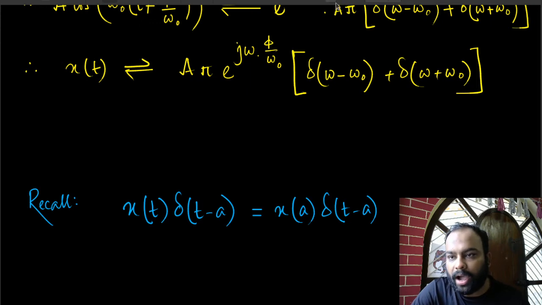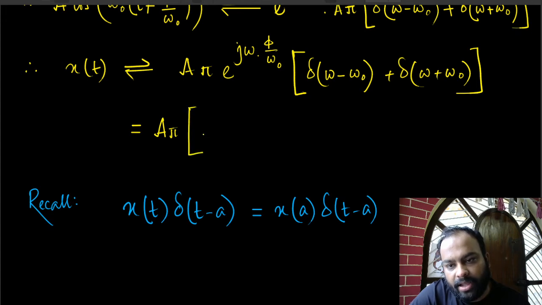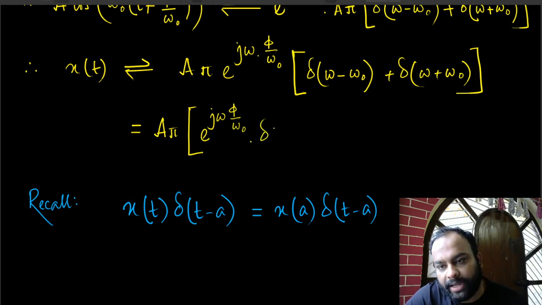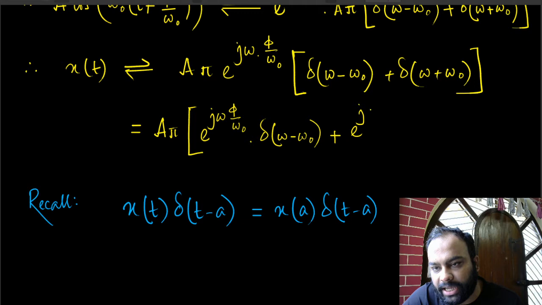With this step, I can write a pi, and I have e to the power j omega phi by omega naught times delta(omega minus omega naught), and then plus e to the power j omega phi by omega naught times delta(omega plus omega naught).